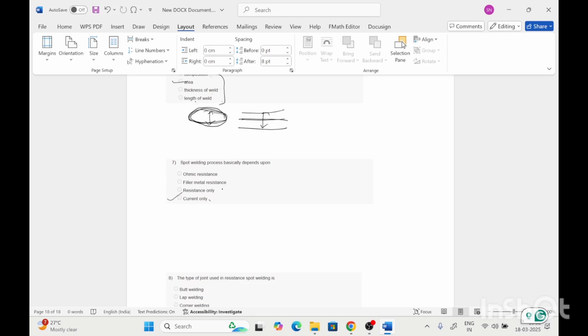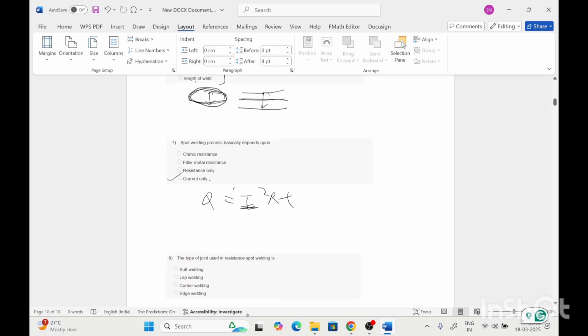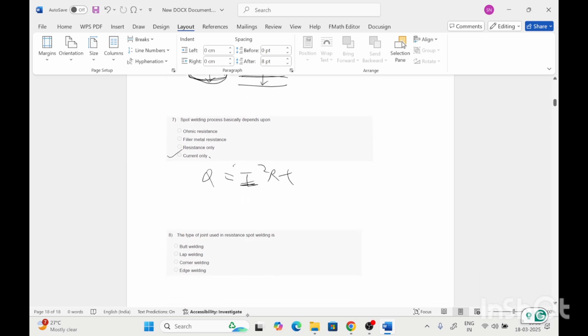If more than one answer were given we could opt for that, but here only one answer is correct: I square, because Q equals I squared R T. So current is the answer. Ohmic resistance also comes in, but for this question the current is the correct option.